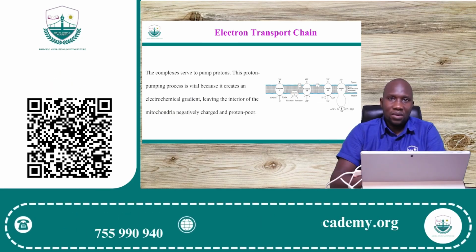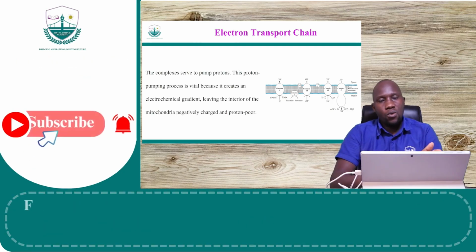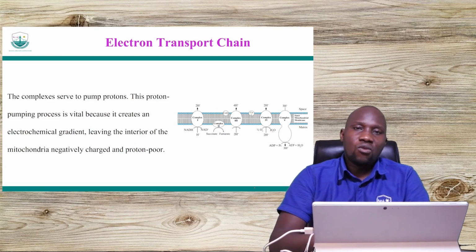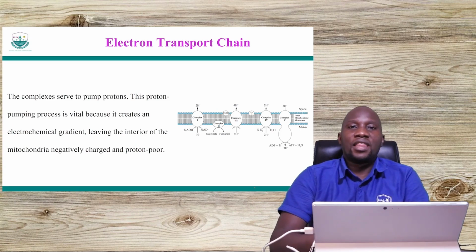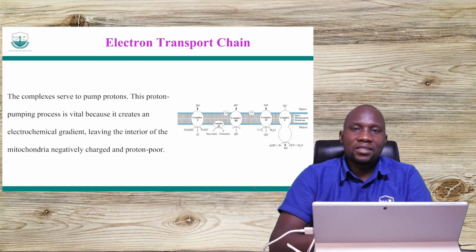Okay, so what basically happens is that when you have electrons moving from one carrier to the other, they are moving from a carrier that has a higher energy level to a carrier that has a lower energy level.